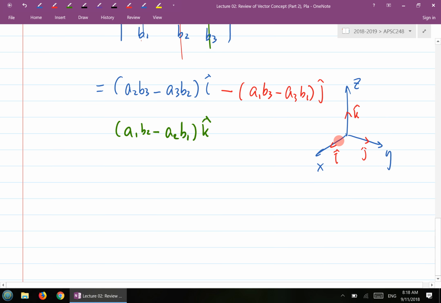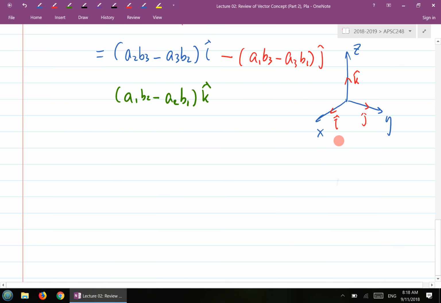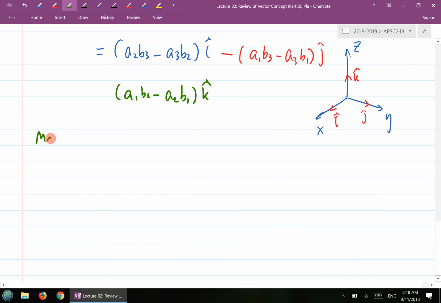So, for example, in MATLAB, you can use this command called dot, and then put A B over here, to calculate the dot product.